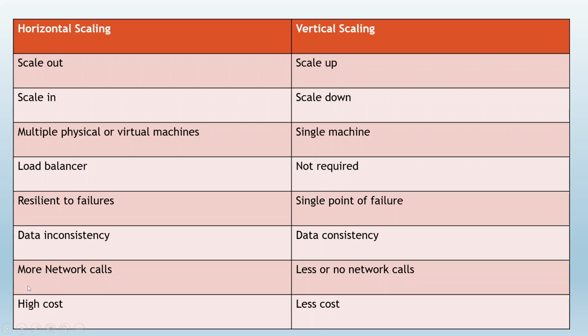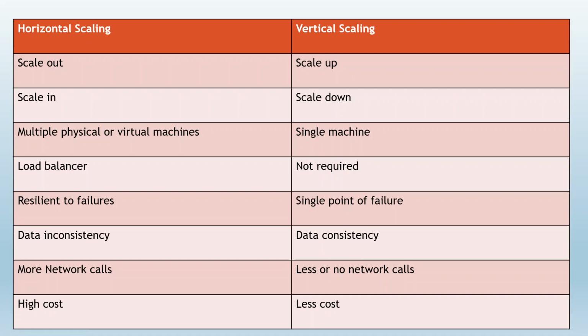When it comes to horizontal scaling, more network calls are required, because a load balancer is there and multiple servers are there. If one server has to call another server, then more network calls are required, right? But in vertical scaling, there are no network calls, since there is only one server, or very few network calls.